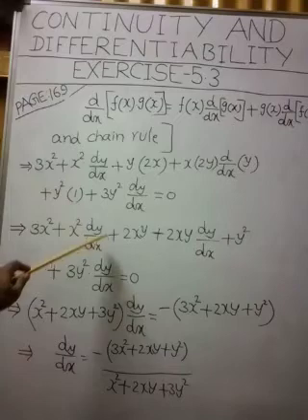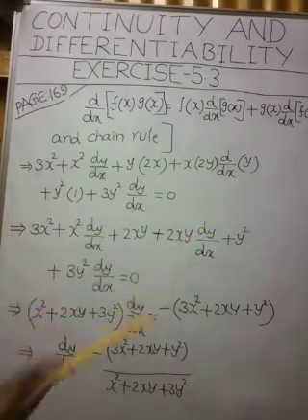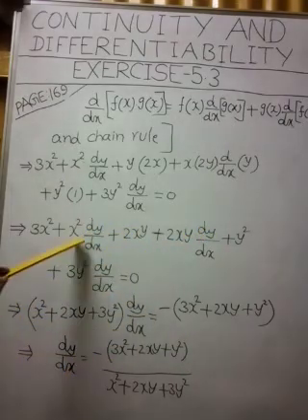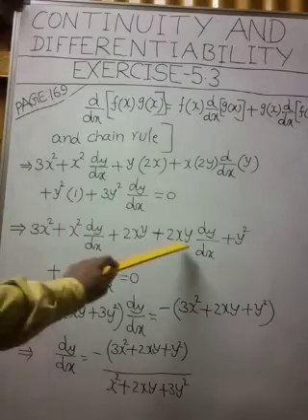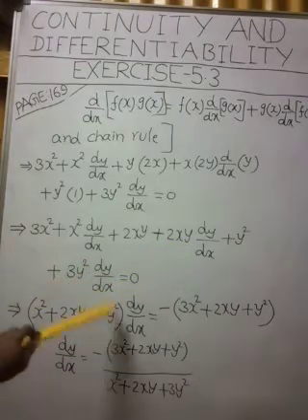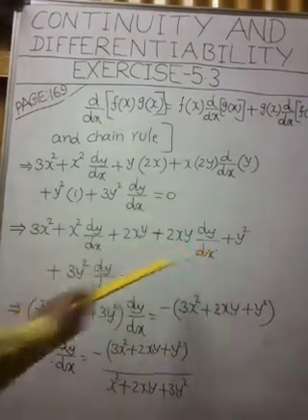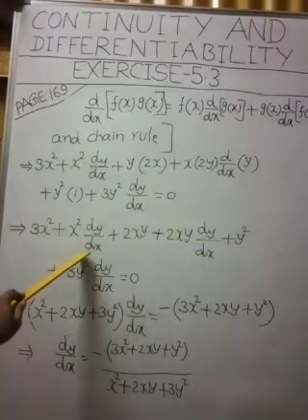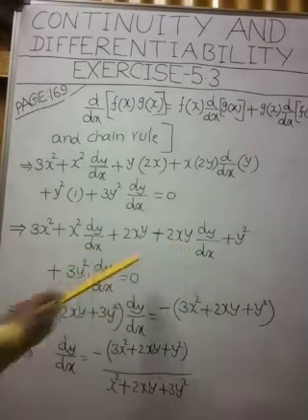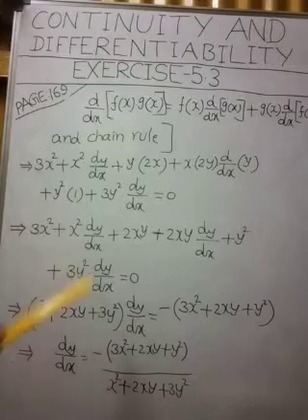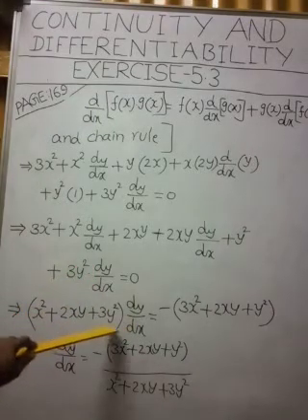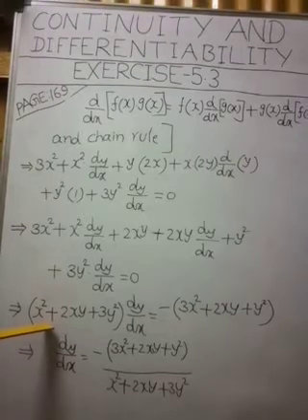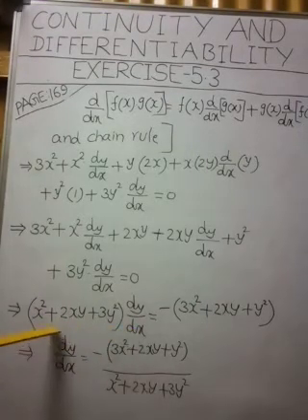So by taking out the common factor dy by dx, we get here x square plus 2xy plus 3y square. From the second term, the fourth term, and the sixth term, we are taking out the common factor dy by dx. Then we get these three terms in the brackets. Understood this part, my dear children?